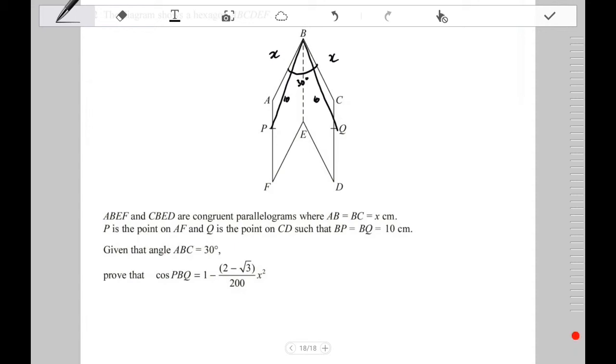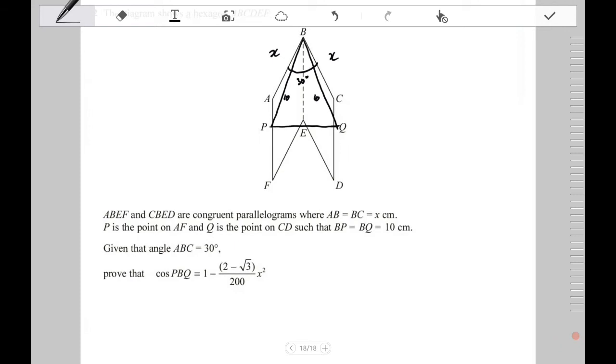So how about we approach it like this? How about this triangle that I've drawn here, let's use the cosine rule on it.